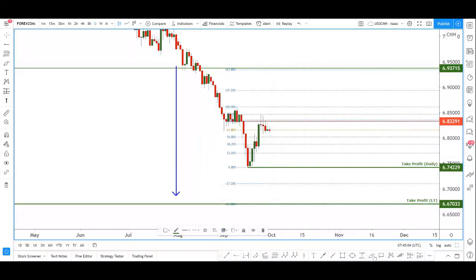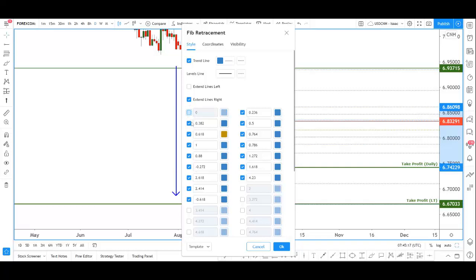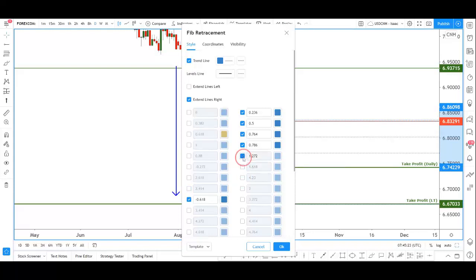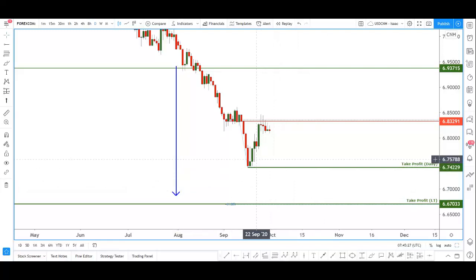Interestingly enough, the negative 61.8 on the daily also falls in line with the double top pattern target potential. So I'm going to highlight the negative 61.8. This daily profit is for the recent low.